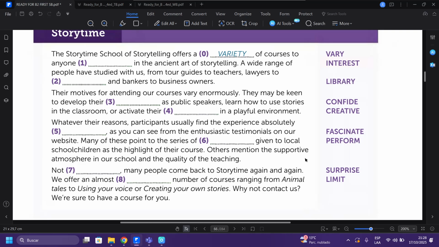A wide range of people have studied with us, from tour guides to teachers, lawyers to, and we have library, and bankers to business owners. In this case, we have to change library into the profession.